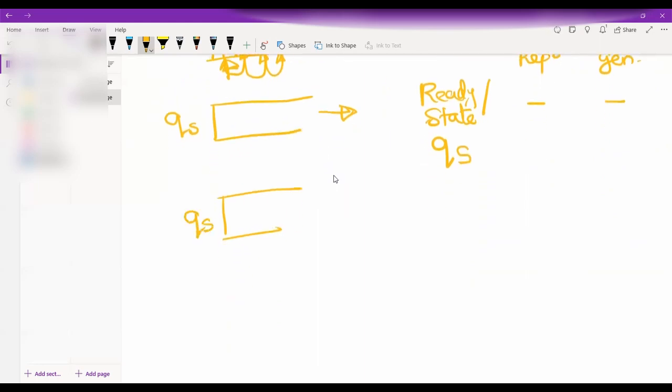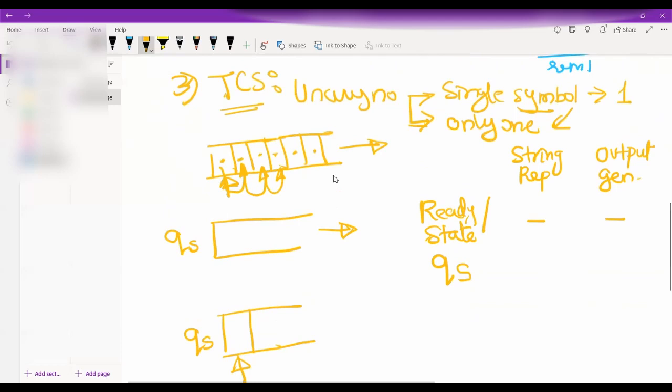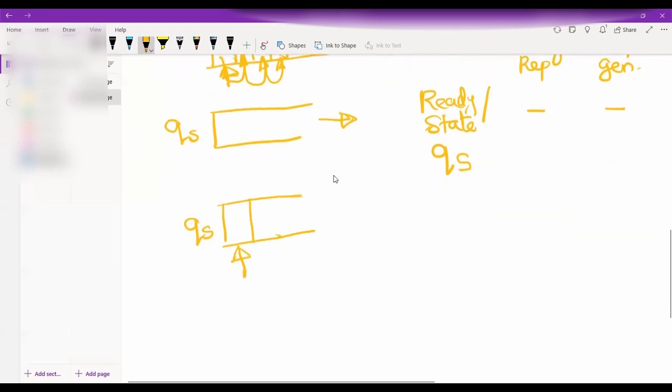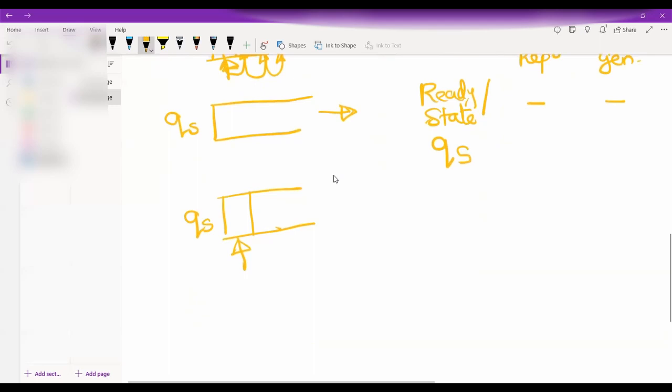As your tape consists of so many cells, we are ready to read the first symbol. So what will the first symbol be? The first symbol will be based on your number system. The number system here is the unary number system, which means I am allowed to use only one single bit. So what is that bit?